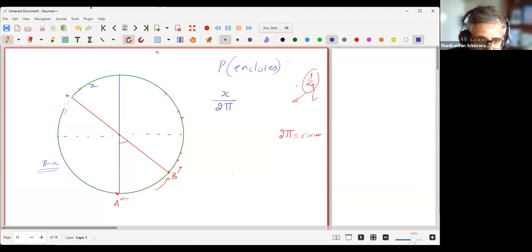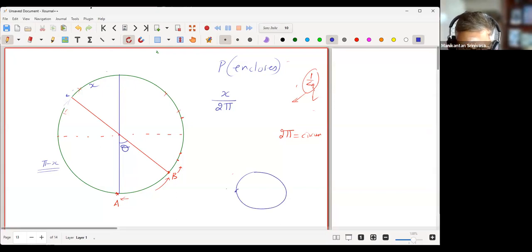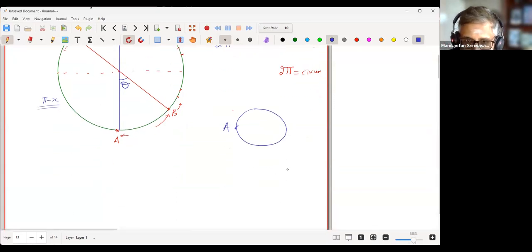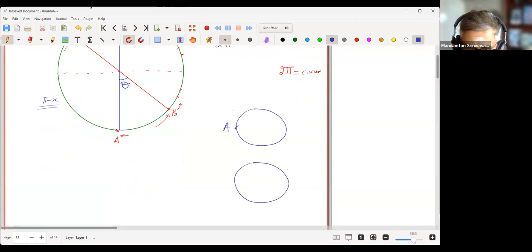We have chosen A without loss of generality to be at the bottom. And then someone comes and picks B. And then I can always flip the circle such that B is on the right side of me. So someone picks A, let's say A is here. Then I can rotate the circle and bring it such that A is down. And now I am asking that person to pick B. So let's say the person picks B somewhere here.